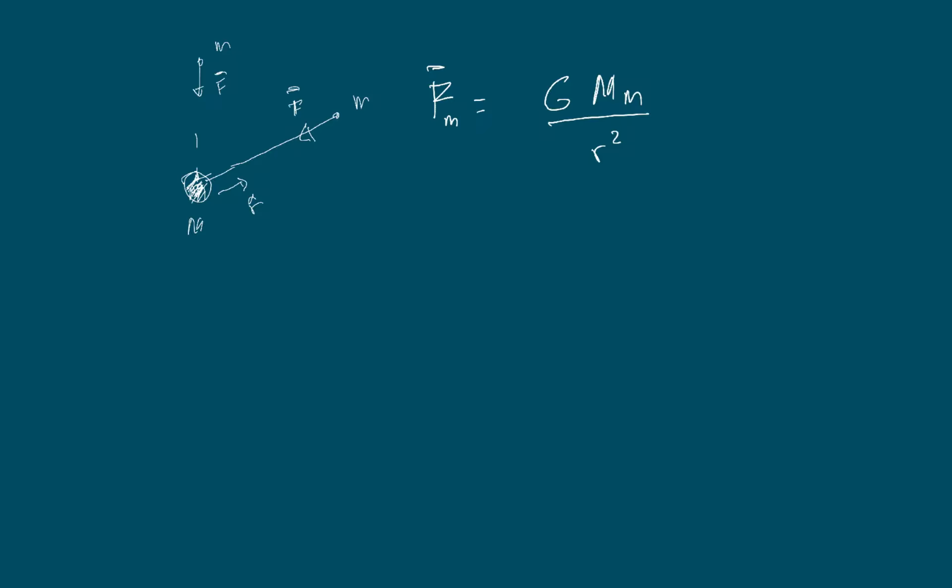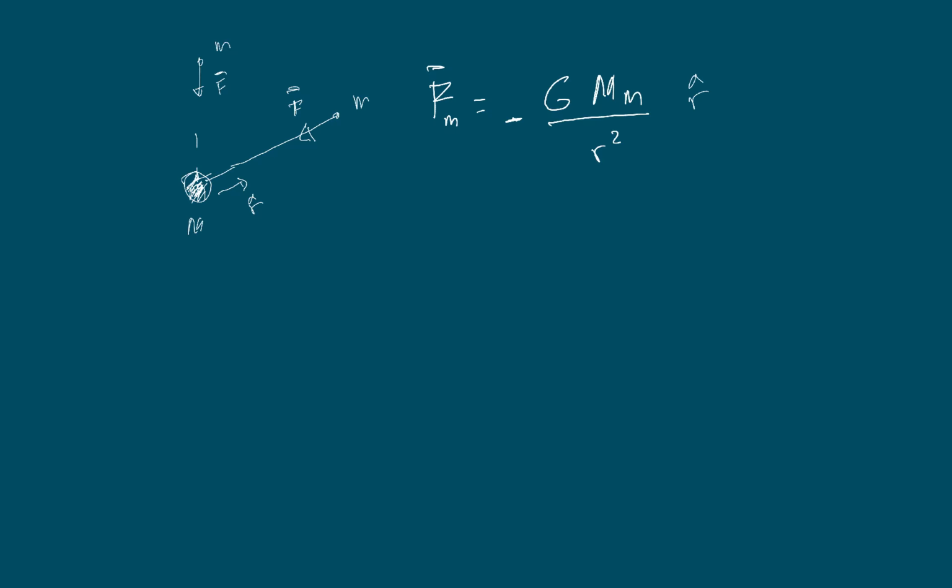So the gravitational force acting on the mass little m is minus GMm in the direction of r.